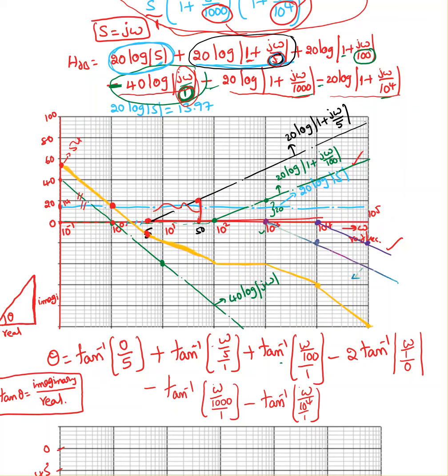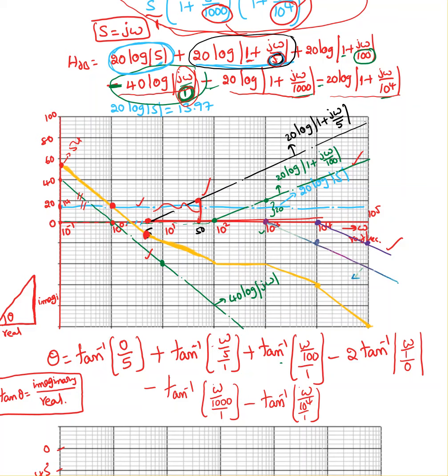The next corner frequency is at 5. Now at 5, I already added this 14, so don't worry about that. Now this line has 40 decibels per decade as a slope, and the black line has a positive slope of 20 decibels per decade.